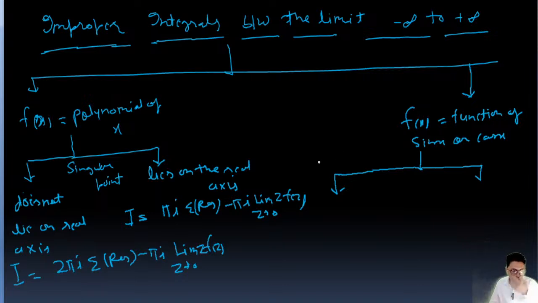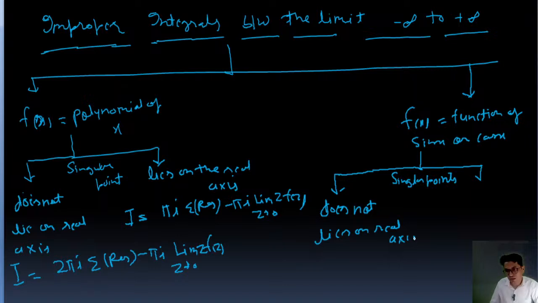The first is the singular points do not lie on the real axis. In that case I is going to be 2 pi I sigma residue, means the sum of residues.